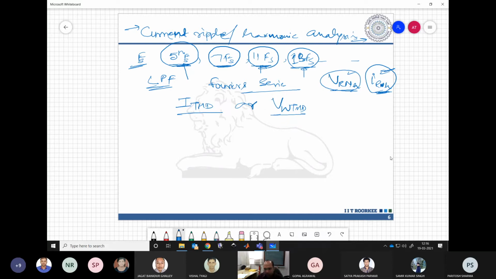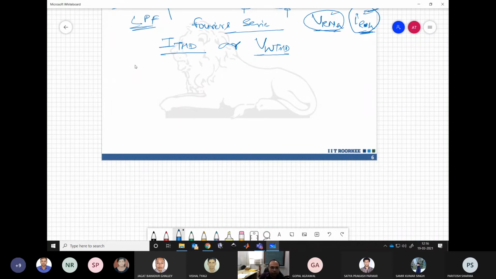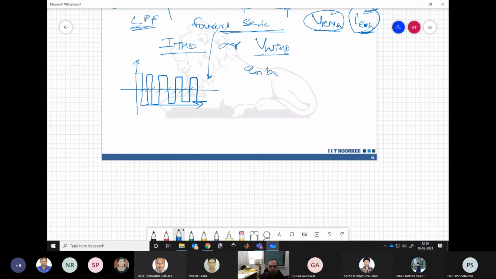Here, when we are talking about sine triangle PWM, we have so many switchings in a particular pole voltage, typically some 50 or 100, a lot of switchings. Then it becomes difficult to use the same method, Fourier series expansion, for these kinds of waveforms, because everywhere you need to know the switching angle and then take the average values AN, BN and all that.